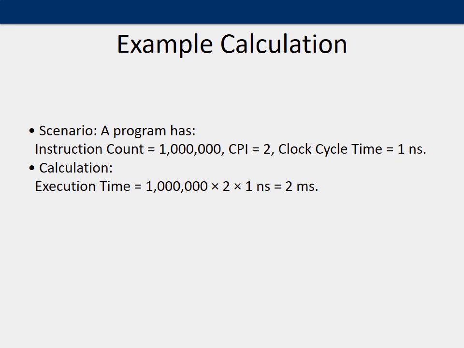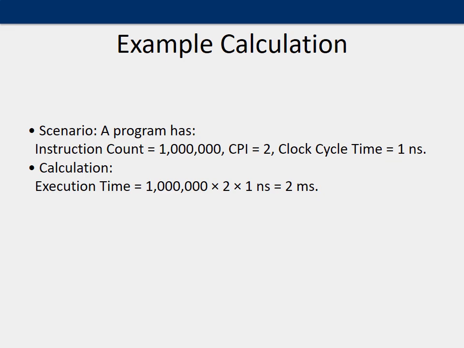Now we see one example for CPU execution time. Given is an instruction count of 1 lakh, CPI, meaning cycles per instruction, of 2, and clock cycle time of 1 nanosecond. So for the calculation, firstly we see the formula. In the introduction we saw the formula of execution time.